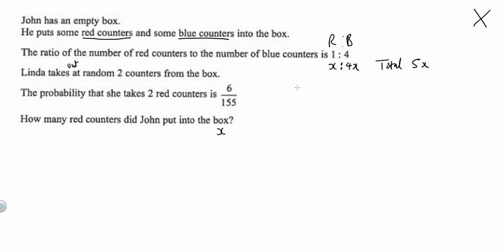So to take the first red counter out, it's going to be x out of 5x. Hopefully you can understand why. Obviously the total is 5x, that goes on the denominator. Straight away you can see I can cancel that. That comes out as 1/5.